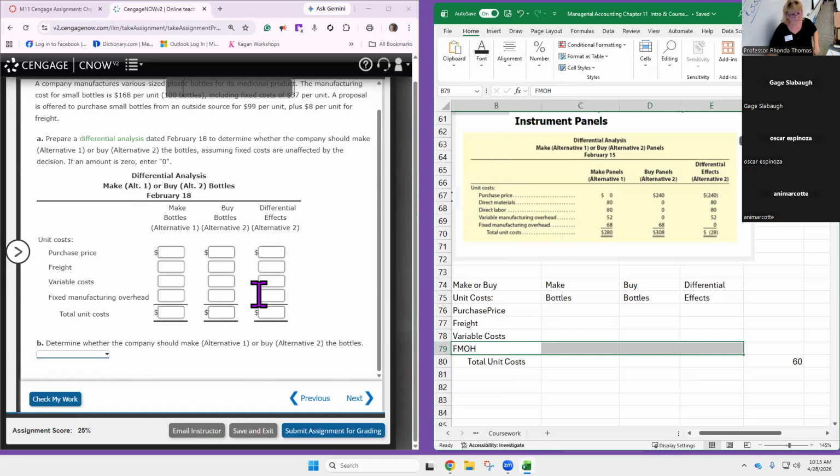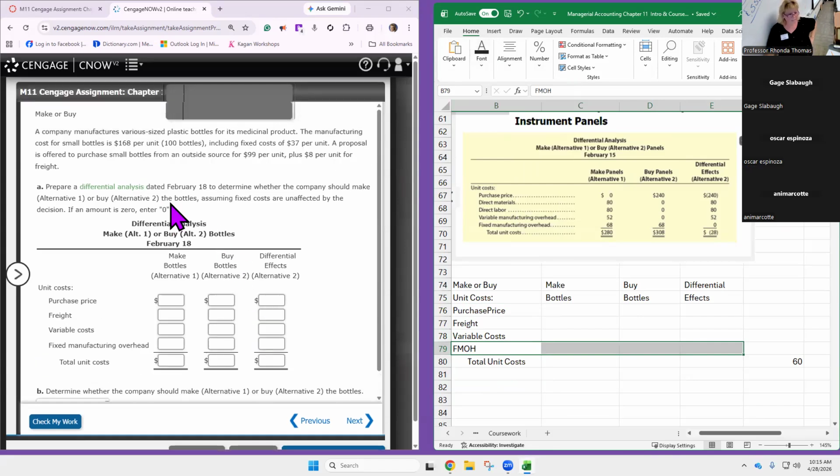All right. So let's see if we can find out the information about these bottles. So we manufacture various size plastic bottles for its medicinal product, okay? Medicine. The manufacturing cost for small bottles is $168 per unit.